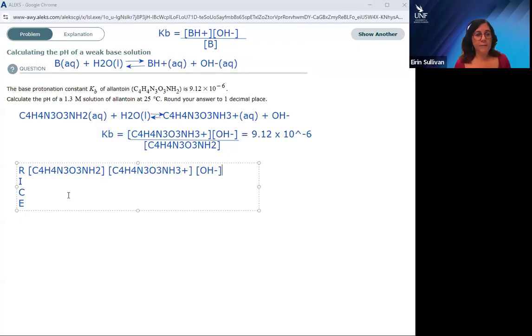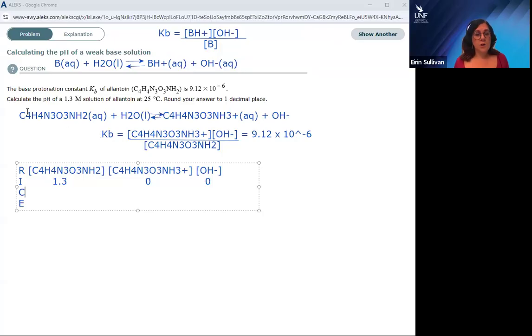Let's fill in the information we know. We know the initial concentration of our weak base from the question is 1.3 molar. We know that we initially start with 0 of our conjugate acid having been formed and approximately 0 hydroxide. We are assuming that autoionization of water is going to be negligible.